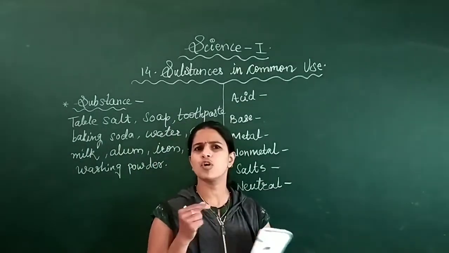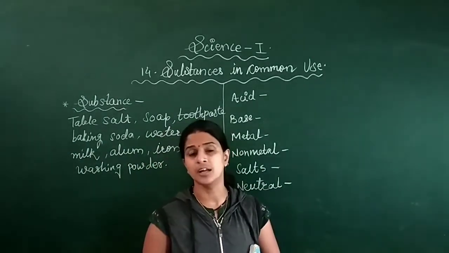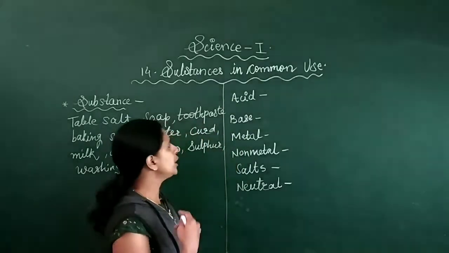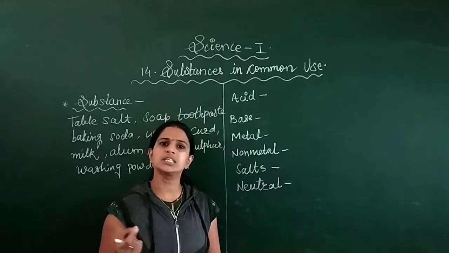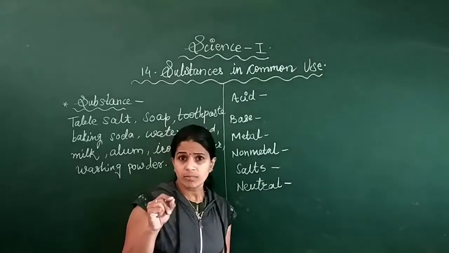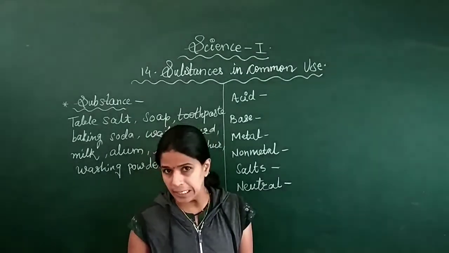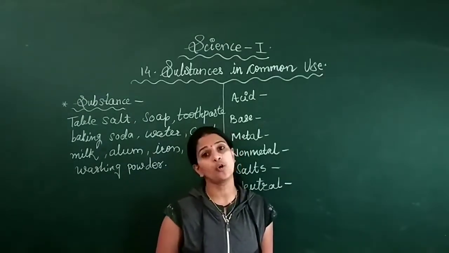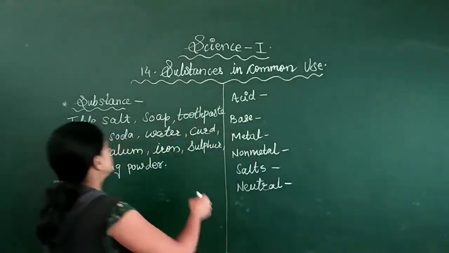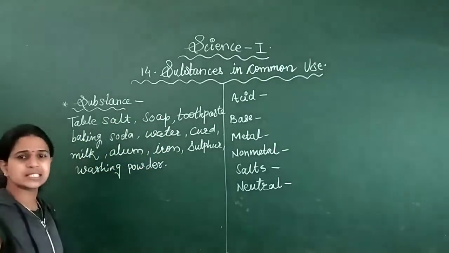These things we already discussed last year, so no need to see this video and write down. First see the video very properly, understand it, and try to write on your own. Now, some names of substances are given here.